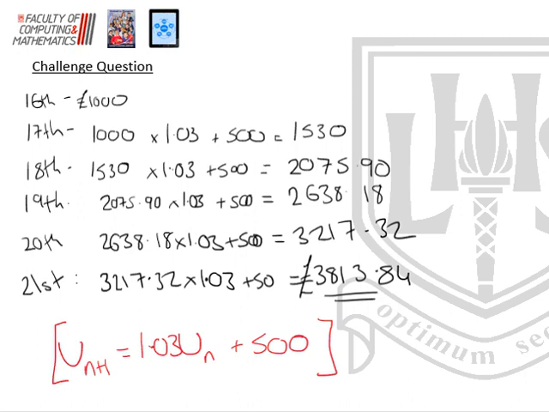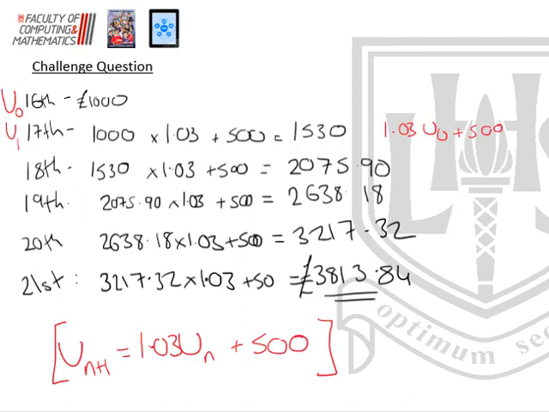Your U with a subscript 1, 2, 3, 4, 5, 6, 7 and so on, that's the number of terms in the sequence. The starting value we tend to call U0, before any time passes, that's your first one. U1 is equal to 1.03 times U0 add 500.